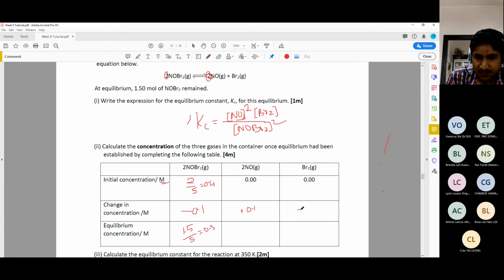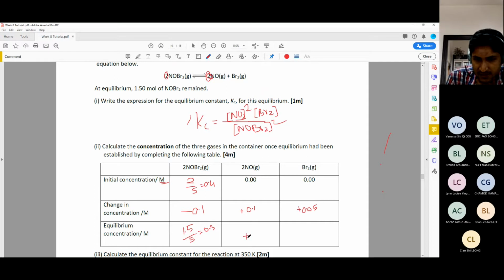And bromine is positive 0.05, because it is half of what is produced from the reaction of the nitrosyl bromide.